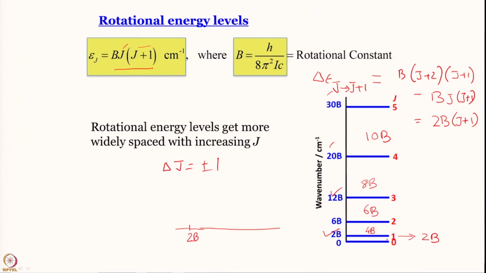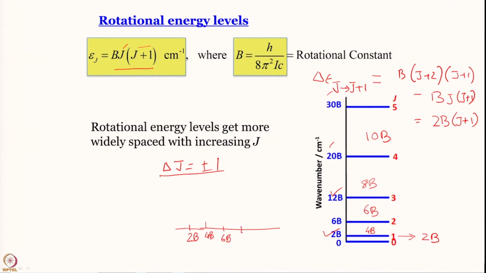corresponding to delta J equal to plus minus 1, right. So, you can go from 0 to 1, that energy gap is 2B. Then you cannot go from 0 to 2, but you can go from 1 to 2, remember delta J equal to plus minus 1. So, that energy gap is 4B. Then again you cannot go from 1 to 3, you can go from 2 to 3, that energy gap is 6B.